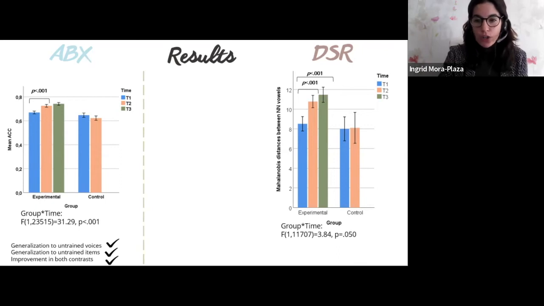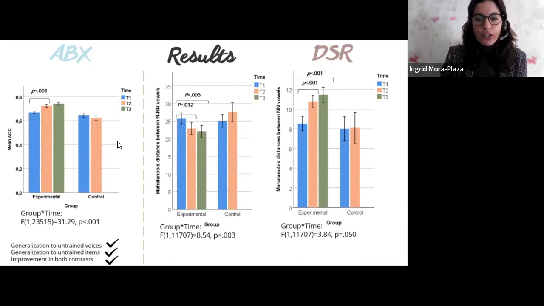Moreover, only those learners that had undergone TBPT instruction produced the vowels in a more target-like manner at time 2 and time 3, as the Mahalanobis distance between the learner and the native vowel got reduced over time. So they were getting closer to the native model, whereas the control group remained the same, or they worsened slightly, but again, not significantly.